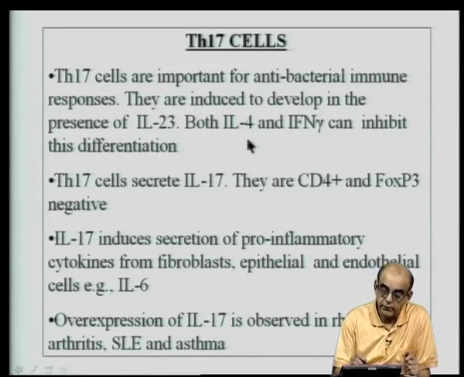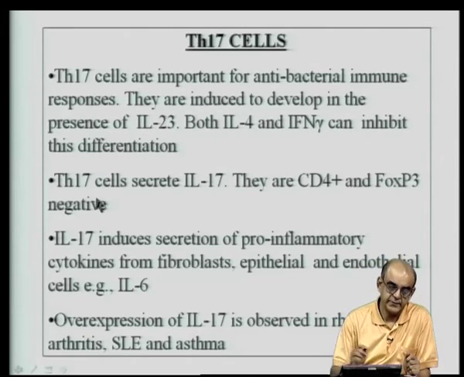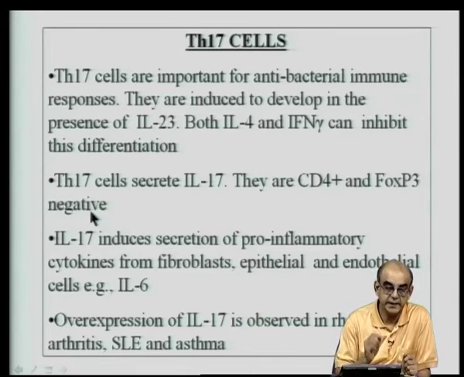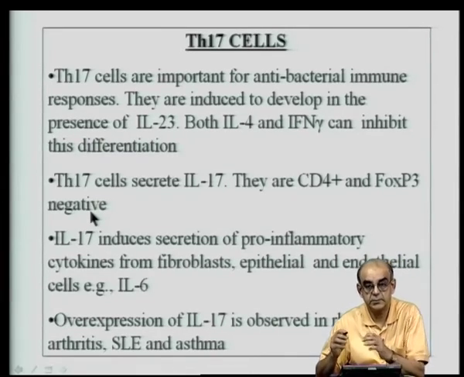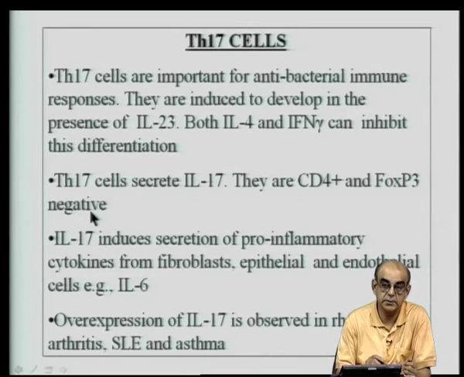Now, both IL-4 as well as gamma interferon can inhibit this differentiation. If you look at Th17 cells, after they differentiate, they secrete copious amounts of IL-17. Now, these cells are CD4 positive and FOXP3 negative. FOXP3 again is a transcriptional factor that is present on a different cell type. We will come to that in the next slide.